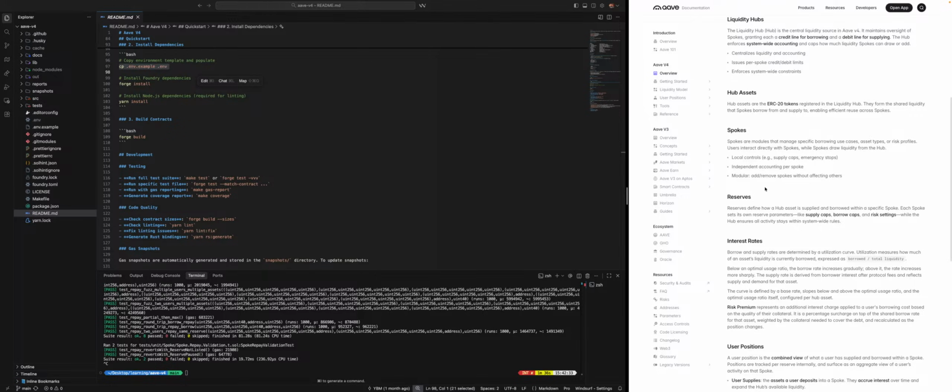I don't really understand what borrowing use cases means here specifically. A user interacts directly with spokes, while spokes draw liquidity from the hub. Local control, supply caps, independent accounting per spoke.